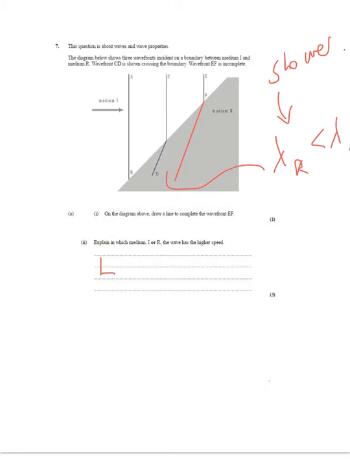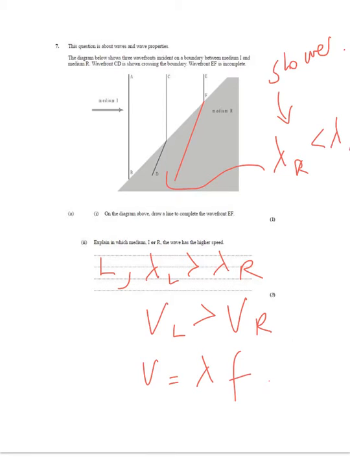In medium L, because wavelength in L is bigger than wavelength in R, because the speed in L is higher than the speed in R, and v equals lambda f, where frequency is constant. Now that's a pretty full and complete answer.